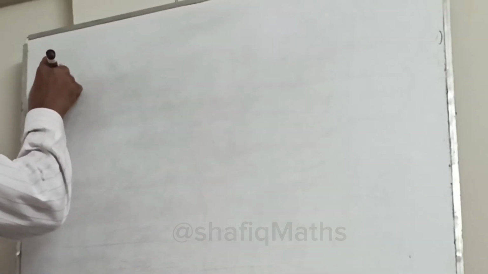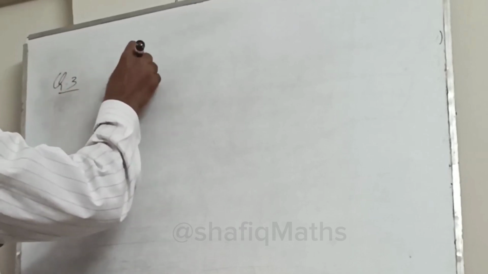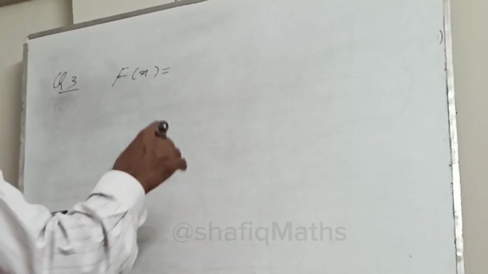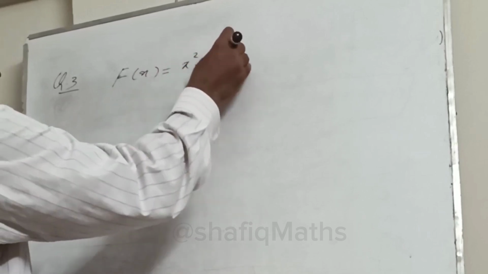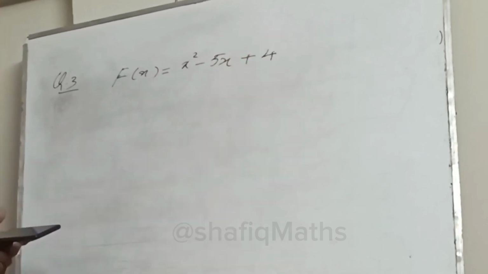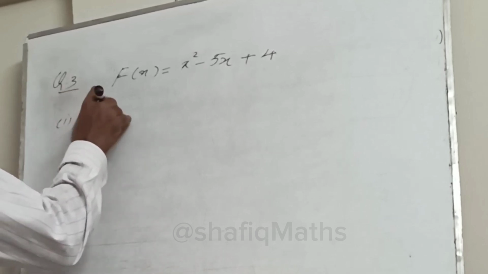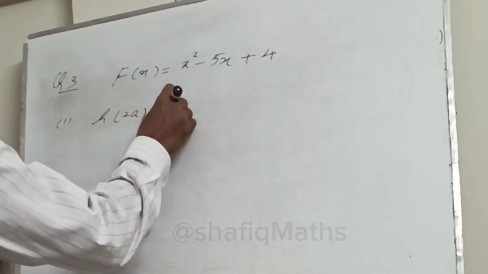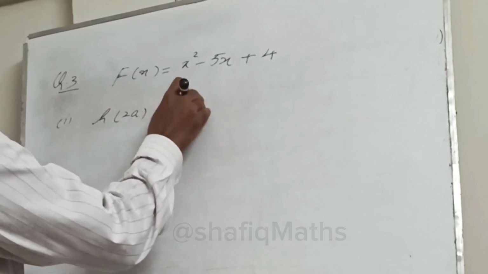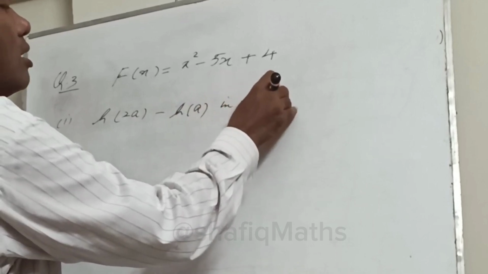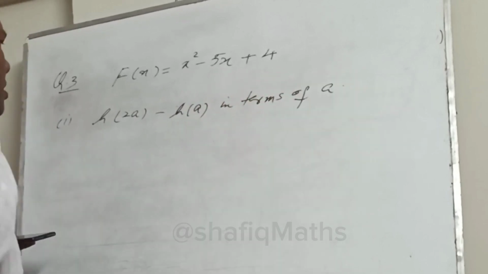Question number 3 is h(x) equals x square minus 5x plus 4. First part of the question: express h(2a) minus h(a) in terms of a.